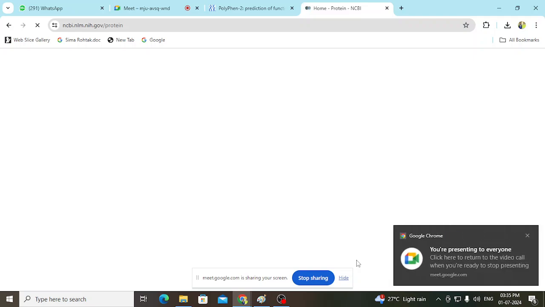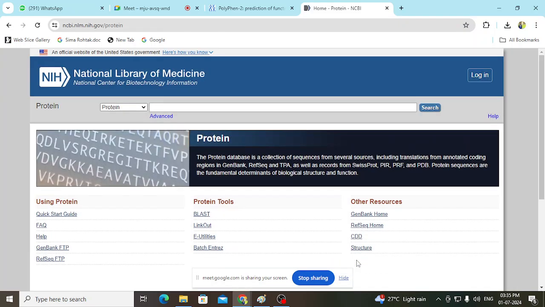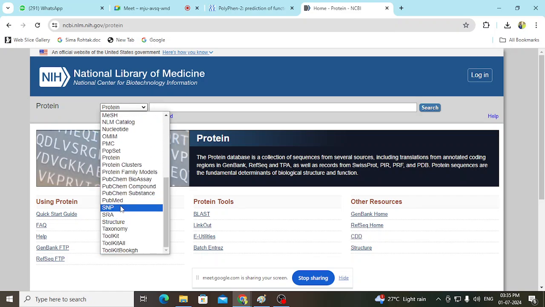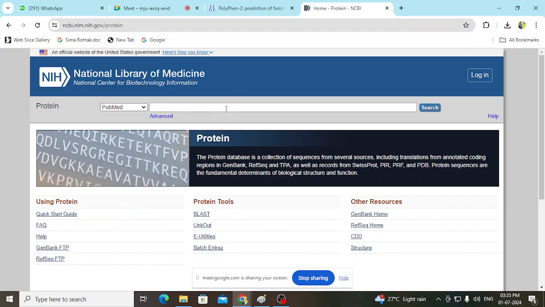So we have a global database where you will find n number of things: proteins, nucleotides, genes, genomes, and more. N number of things are there in this NLM database. So in order to see an example of a wet lab research, we'll change it to PubMed.